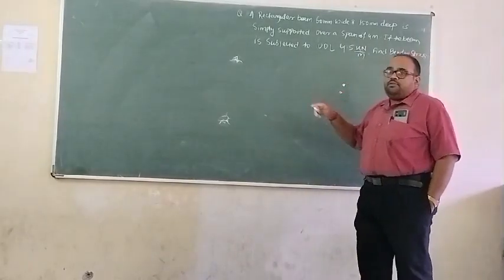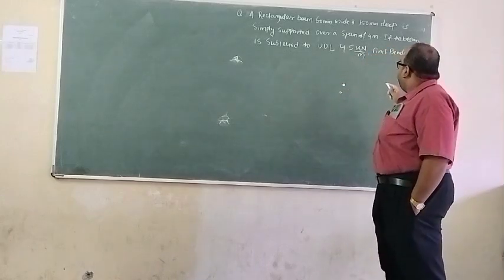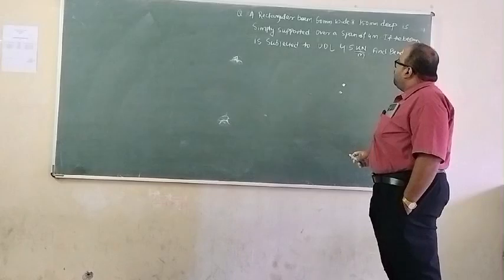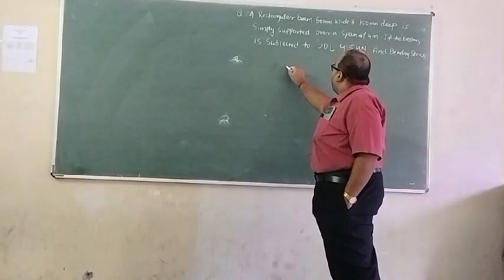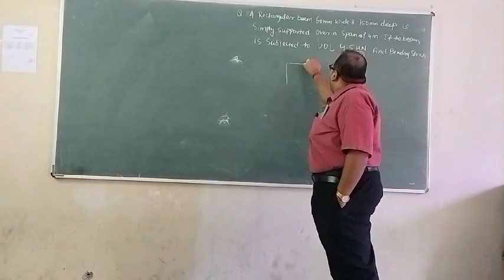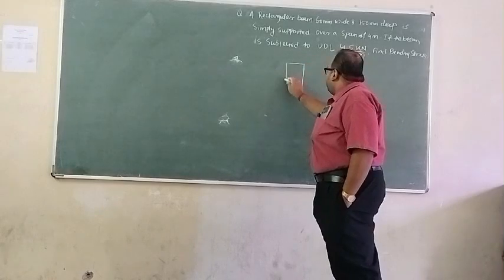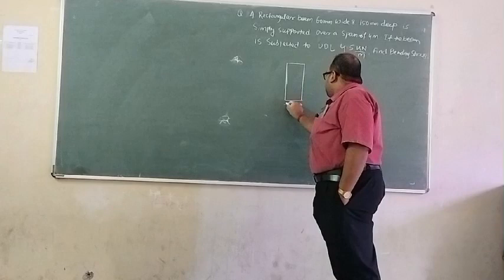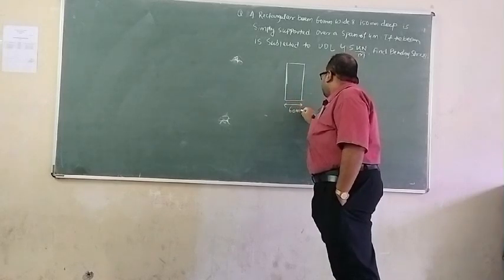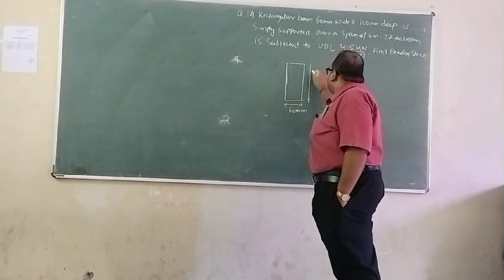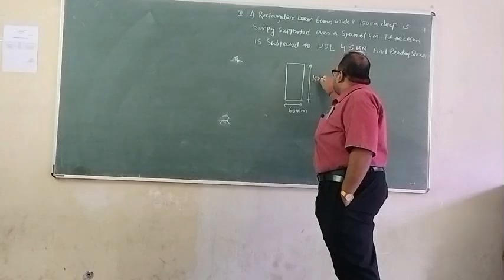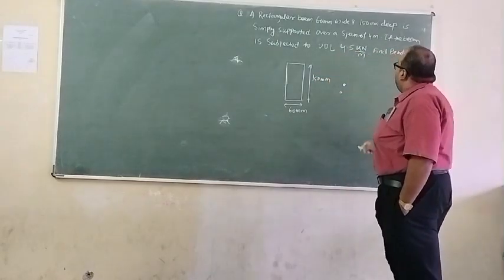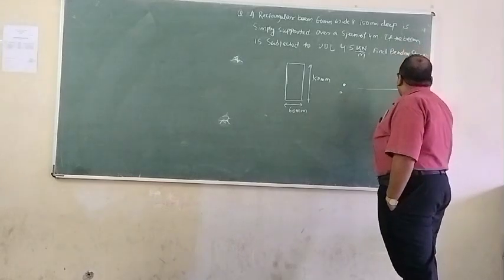The third problem with respect to the pure bending equation: a rectangular beam 60 mm wide and 150 mm deep is simply supported over a span of 4 meters.